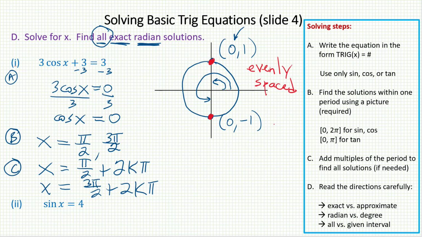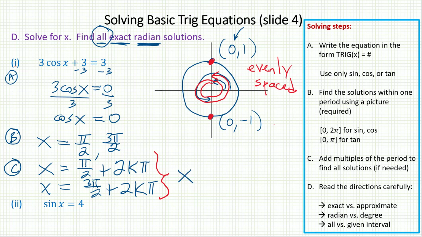In fact, to go from one to the next just requires 180 degrees, or pi radians, right? Every time I rotate another 180 degrees, I get another answer. Another 180 degrees, another 180 degrees, and so on. What that tells me is I don't really need two lines here to describe these answers.